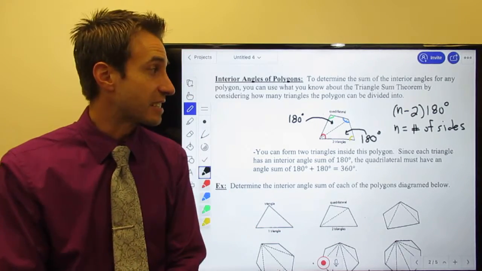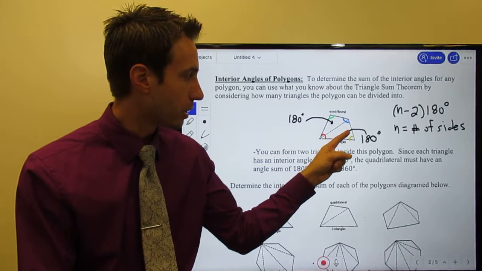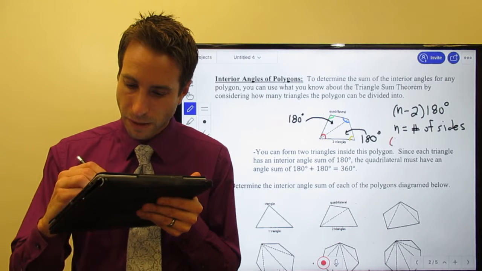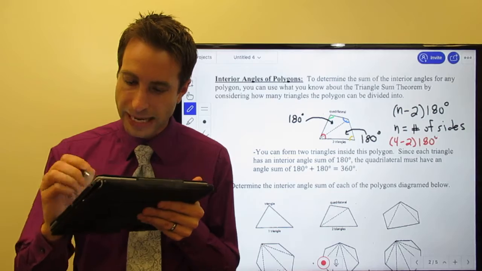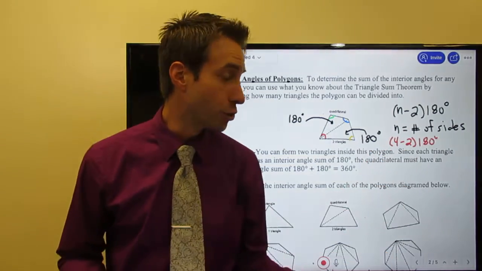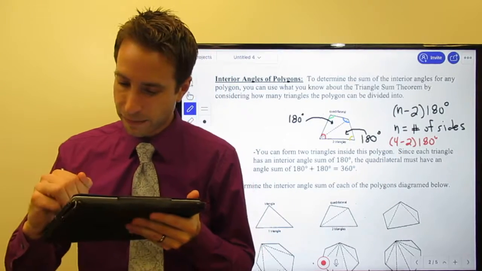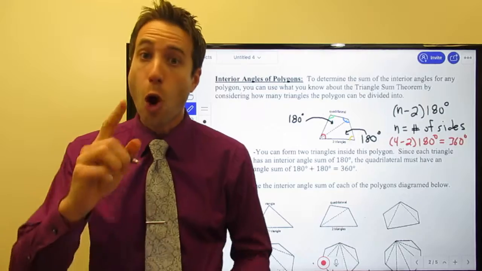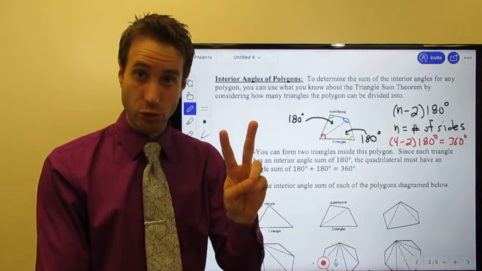I count up the number of sides. 1, 2, 3. I have 4 sides. I plug those into my equation. 4 minus 2 times 180. Well, 4 minus 2 is 2. 2 times 180, 360 degrees, which is exactly what I got by looking at my 2 triangles.